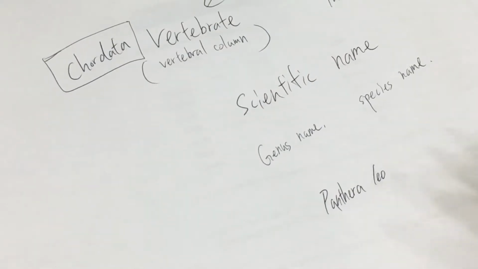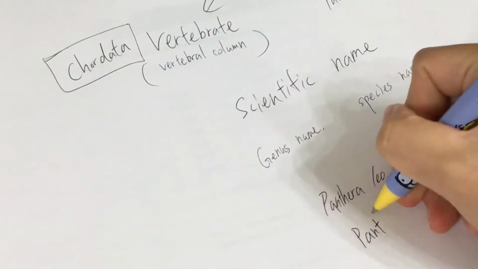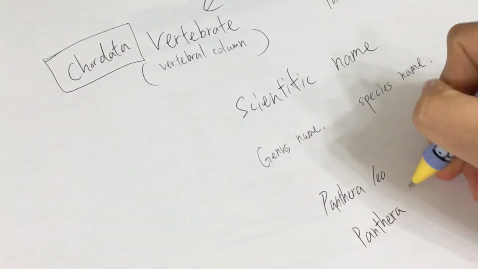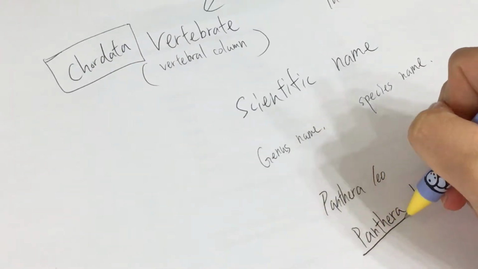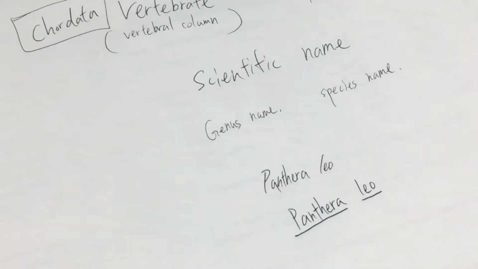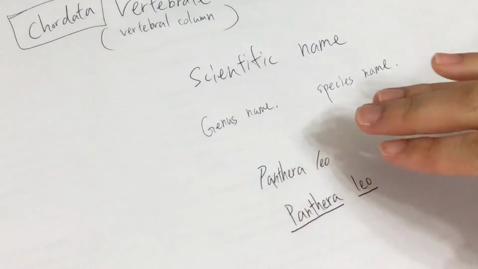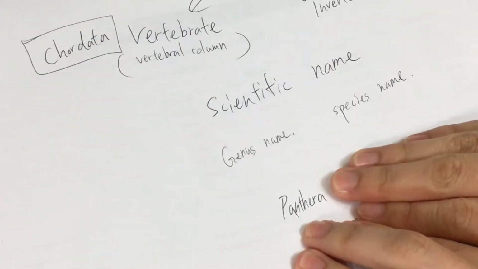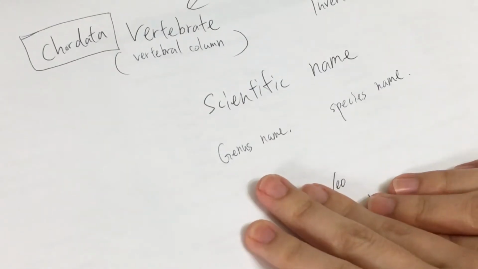Or another method is, you don't write italic, you write normally, and then you underline the 2 parts. Remember, underline separately. So this is the scientific name. If the question just asks you to write the genus name, then you write the first part. And if only the species name, then the second part.